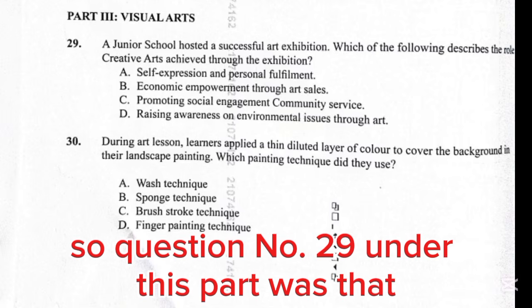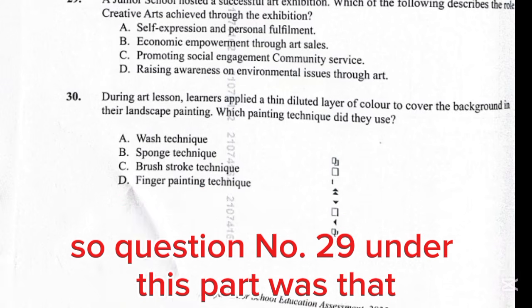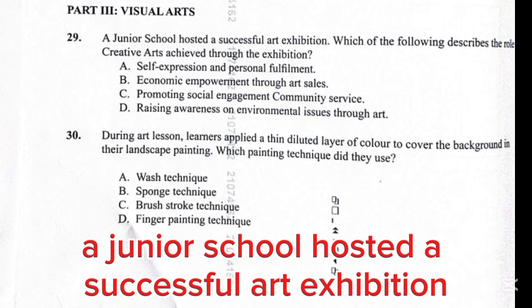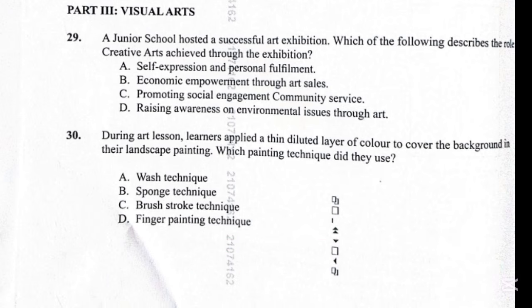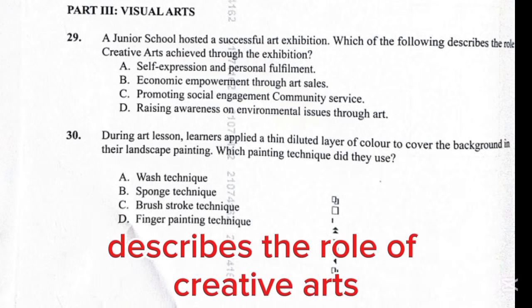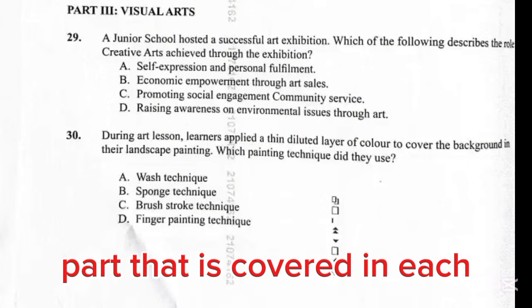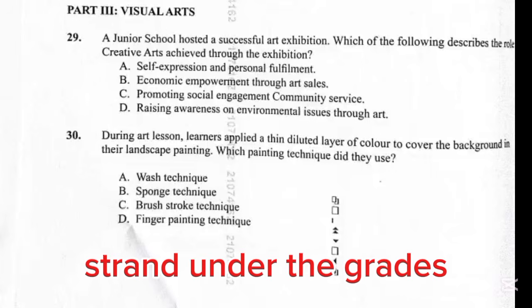So question number 29 under this part was that a junior school hosted a successful art exhibition. Which of the following describes the role of creative arts achieved through the exhibition? Remember, exhibition is one of the last parts that is covered in each strand under the grades.